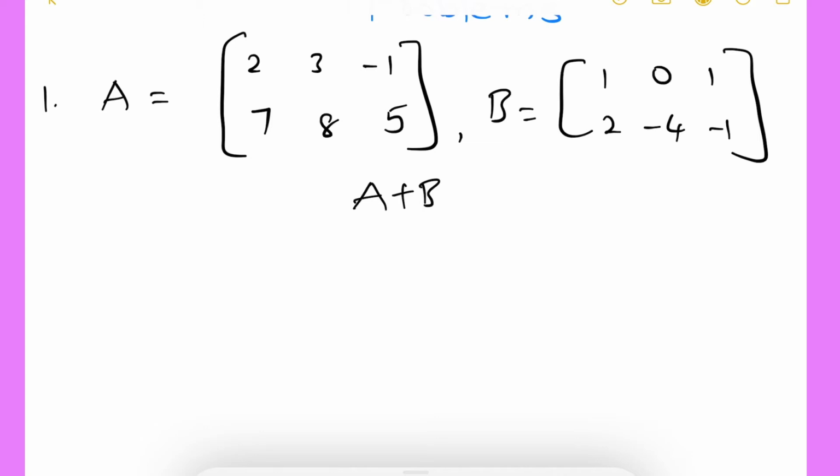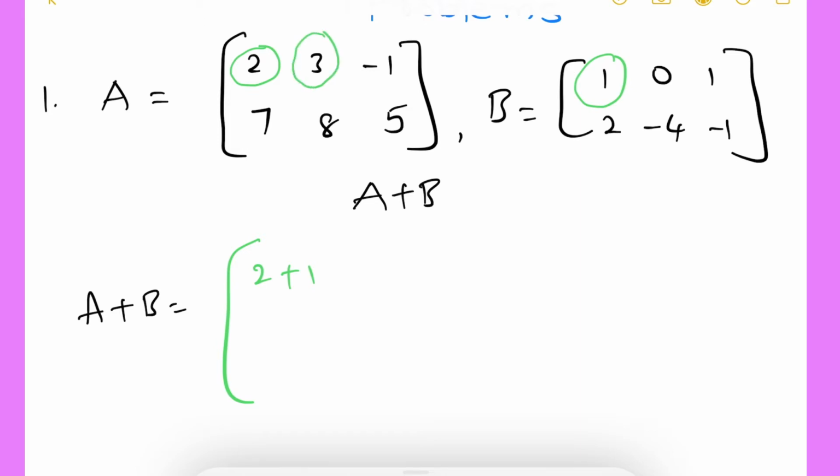Now corresponding elements of both the matrices we need to add. So A plus B is equal to: here first row first element is 2, here first row first element is 1. Those two elements we need to add. Then first row second column element, 3 plus 0.